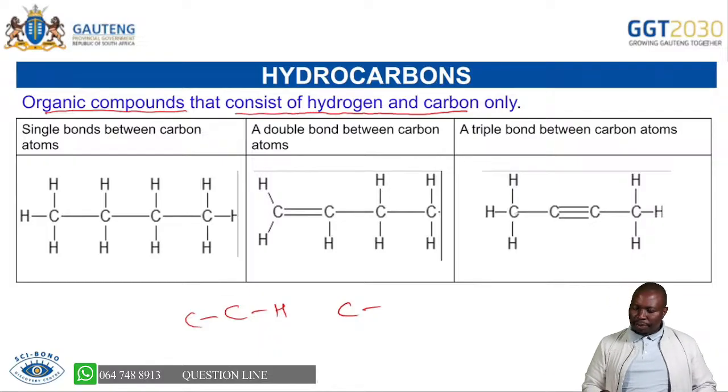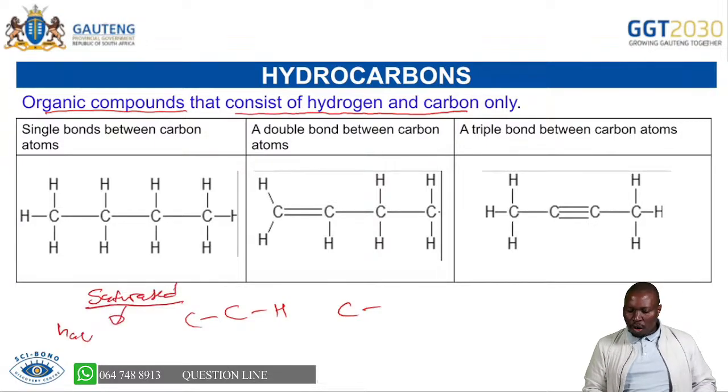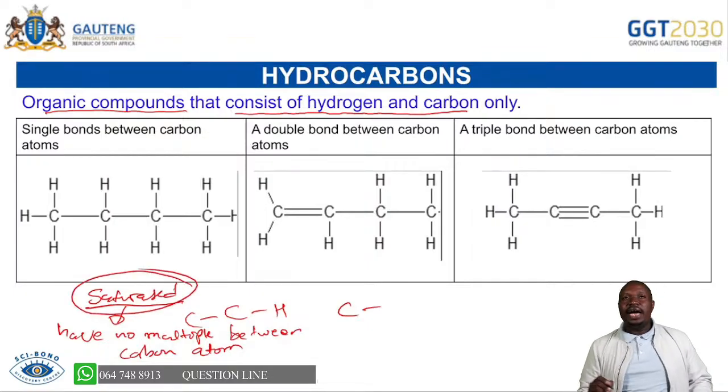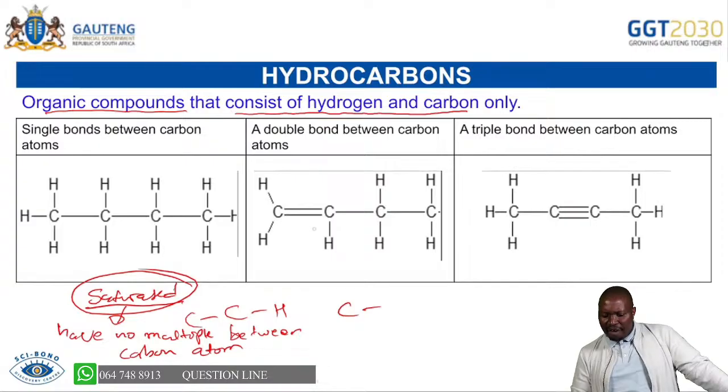And we're saying these hydrocarbons can be saturated, which means they have no multiple bonds between carbon atoms. The first ones have no multiple bonds between carbon atoms, and we refer to them as saturated hydrocarbons. But if you look at the second one, they have multiple bonds between carbon atoms.